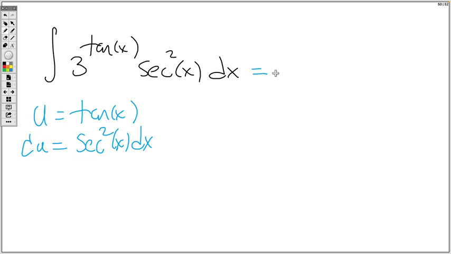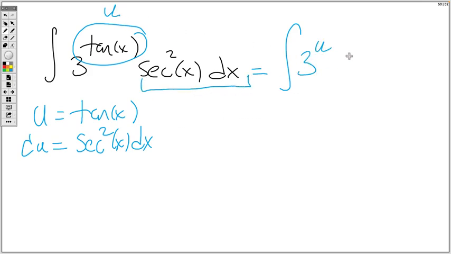And so this potentially problematic integral in x turns into what? In the land of u, 3 to the tangent is going to be 3 to the u. And the secant squared x dx is going to be the du. Does this make sense or not, folks?